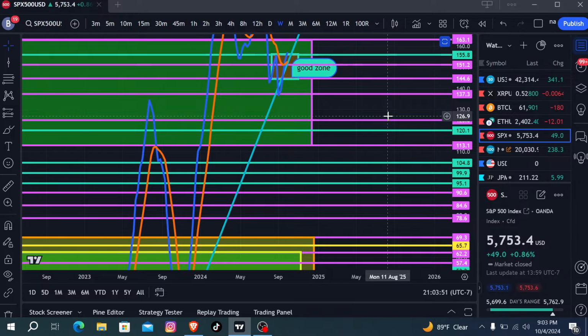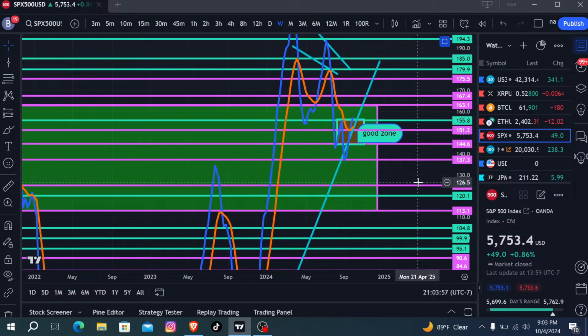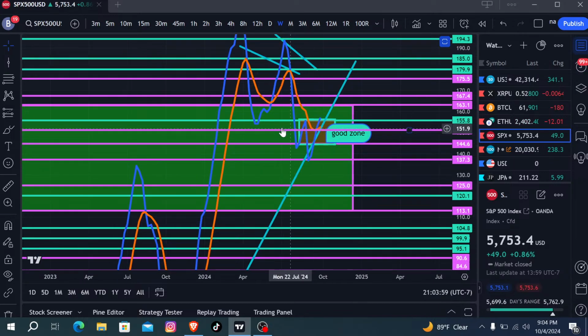So you got all that data coming out, and you just so happen to be right here, right on the trend line. So to me, it was signaling, hey, we're about to finally break this trend.